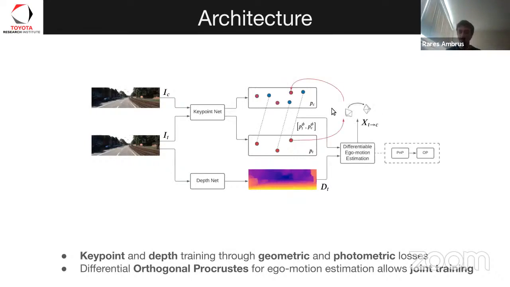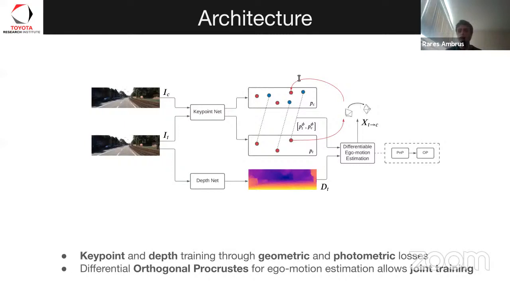Next, using associated descriptors, we compute correspondences between the target keypoints and the context keypoints, as indicated by the dashed lines connecting the red and blue dots on this slide. At this stage, we have a set of 3D points in the target image and the associated 2D points in the context image. So given these 3D-2D correspondences, we use the perspective-n-point algorithm, or PnP, to compute the transformation between the two frames.